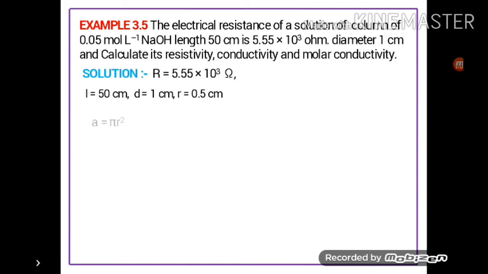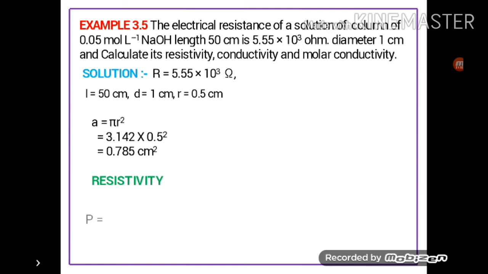So first we will calculate A. Area is equal to pi r square. The value of pi is 3.142 into the value of r, 0.5 square. If you solve this, you will find the answer 0.785 centimeter square. So now we have R, A and L. Now we can calculate first the resistivity.